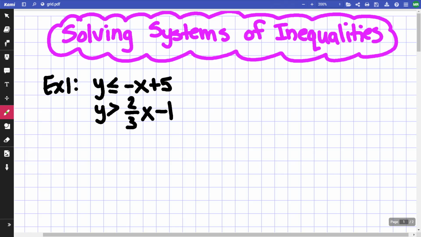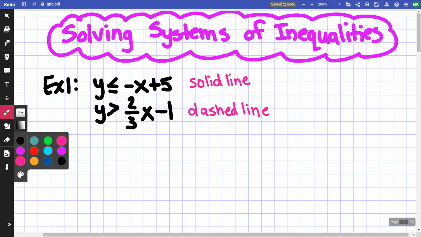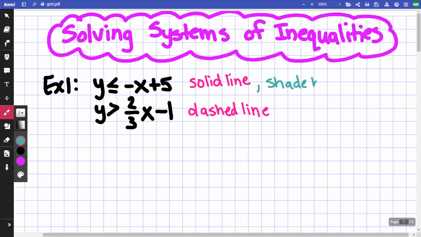This one here is going to be a solid line because of the equal in the inequality. This one is going to be a dashed line because it does not have an equal underneath. And then in terms of shading, since this one's less than, I'm going to shade below, and since this one's greater than, I'm going to shade above.